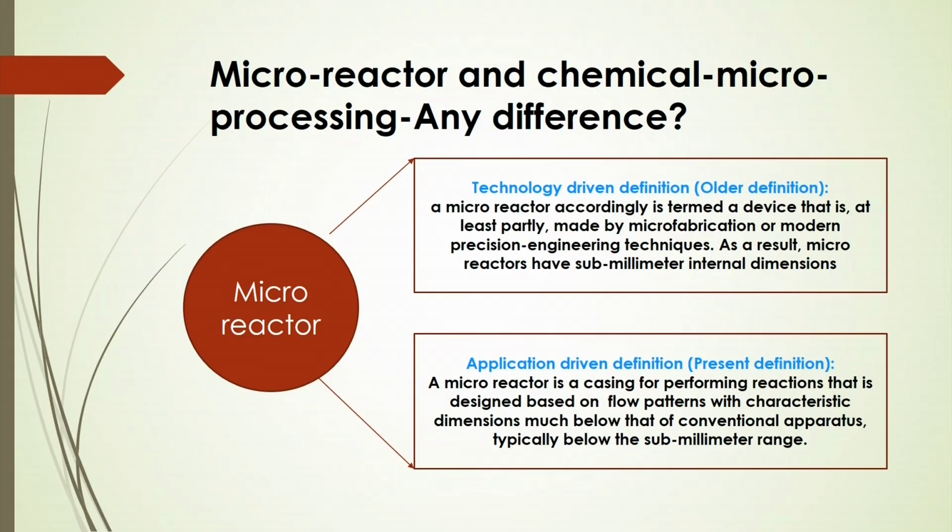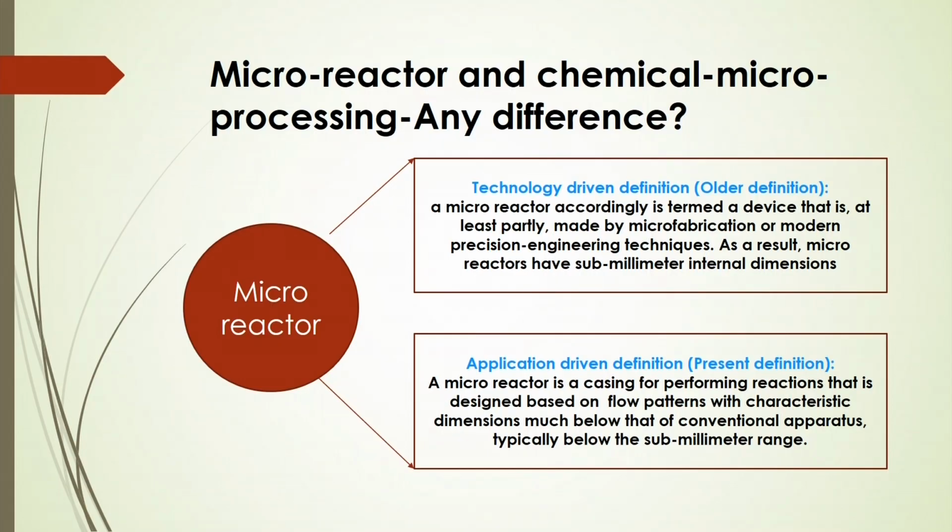So, there are two types of definition, one is the technology driven definition, another is the application driven definition. Earlier the definition of microreactor was based on the technology driven definition, whereas nowadays the microreactor is defined based on the application driven definition.